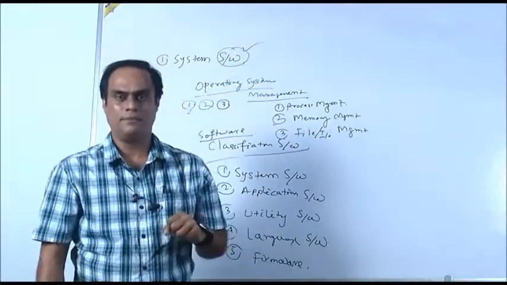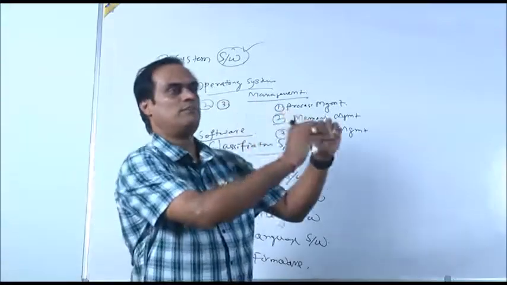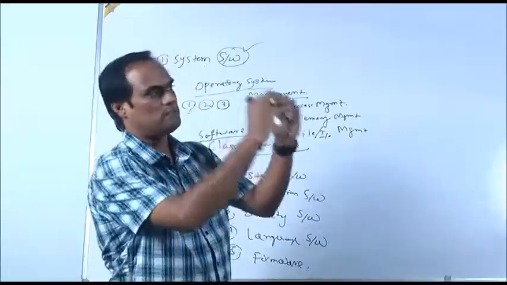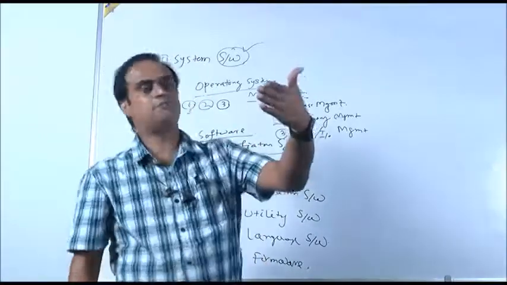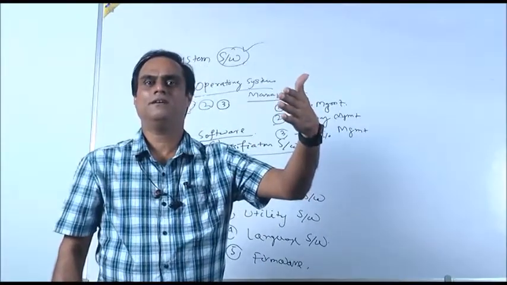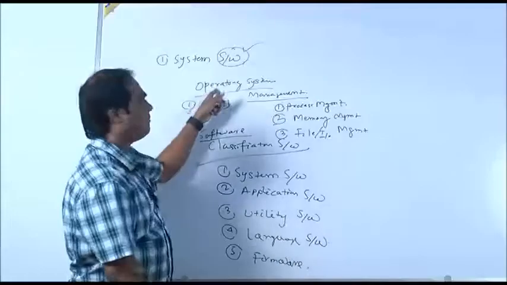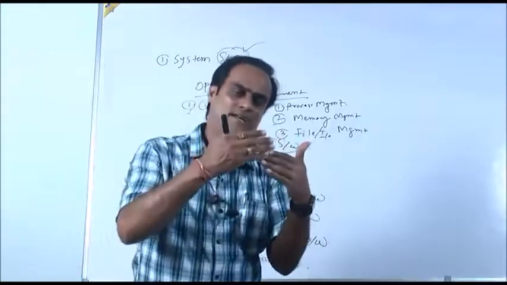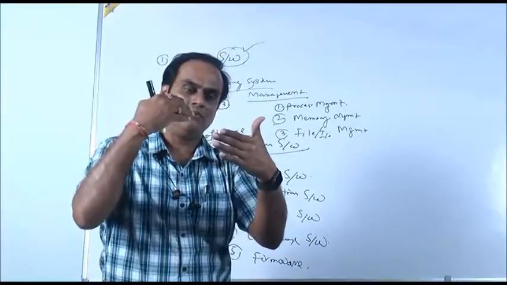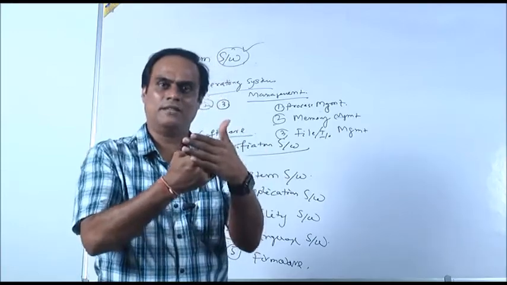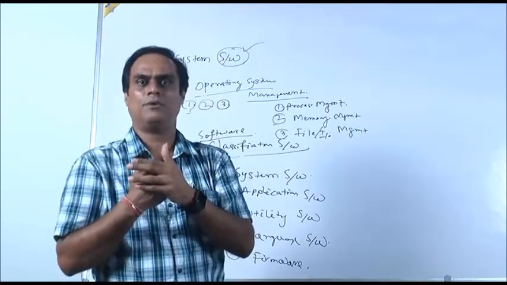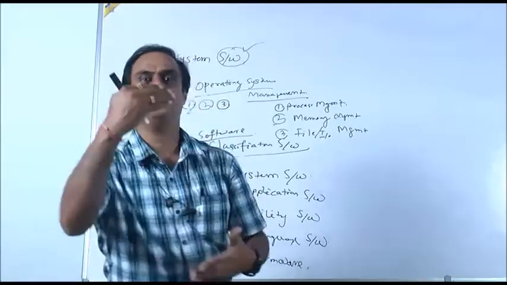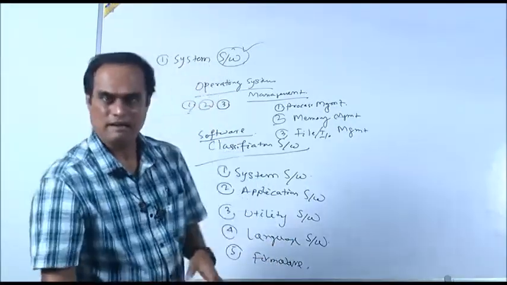Once the desktop comes, you say yes, now the computer is ready to use, yes or no. So, who is providing that desktop platform? Definitely the operating system. The operating system is responsible for providing that platform until you get the desktop. That is why it is an interface between the user and the computer, clear.